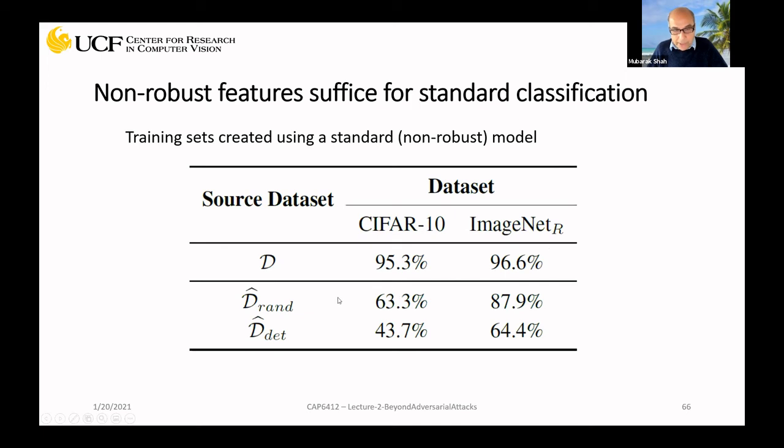Now, here we are using completely wrong labels for those images. We train on that, and still the performance is pretty good. I mean, it reduces, but it's reasonable, 63. So it's basically using non-robust features to give you this. So that's the point that this paper makes. So that's it.